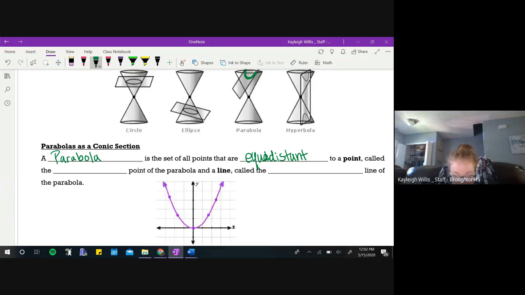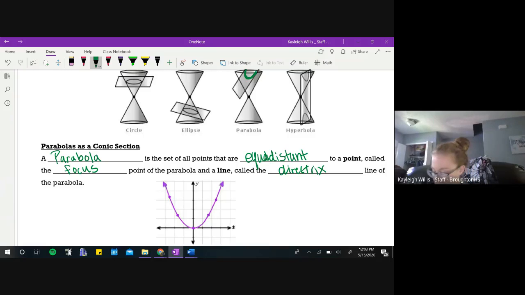That just means that they're the same distance to a point called the focus point of the parabola and a line which we are calling the directrix. Fancy words we got going here.